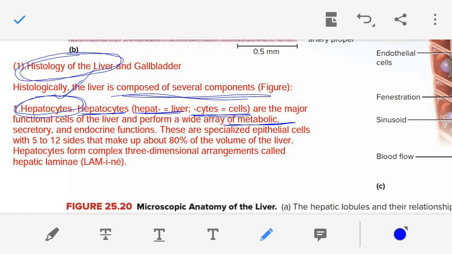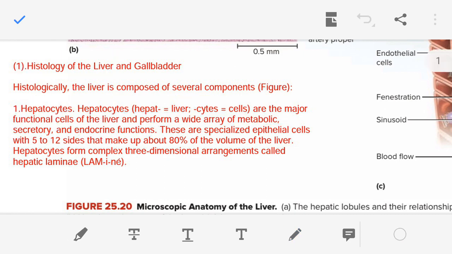In metabolism, we know that there are two kinds of processes, catabolism and anabolism. So the cells of the liver, the hepatocytes, are involved in the metabolic processes. Then some secretions are performed by the hepatocyte, and some hormones are released by the hepatocyte.